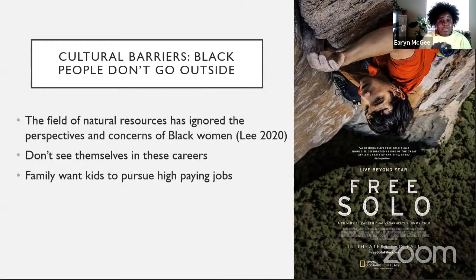They don't see themselves in these careers. And even if they want to pursue these types of careers, their family might not support it. And for Black people and people of color in general, having family support is really important. Going back to the lack of generational wealth, families want their kids to pursue high-paying jobs so that they can start to build that wealth and hopefully bring it back to the family.